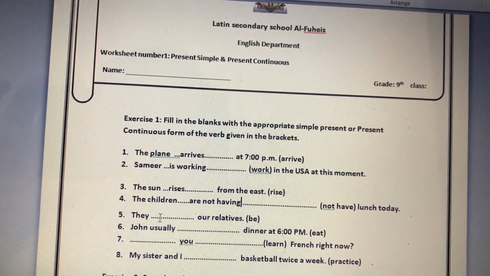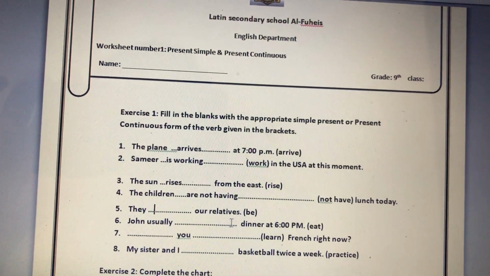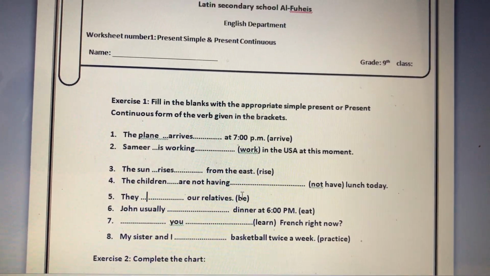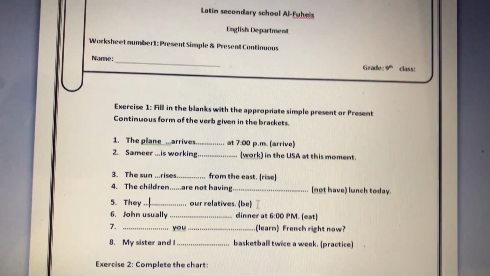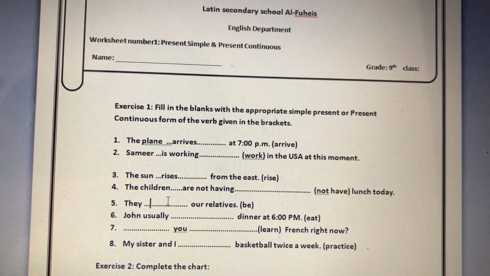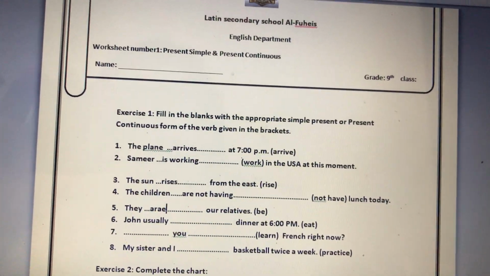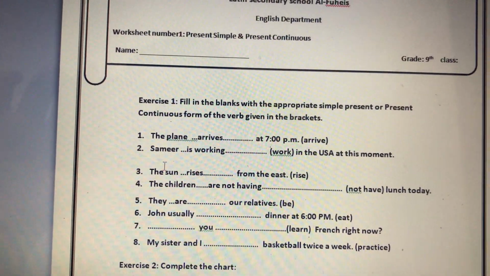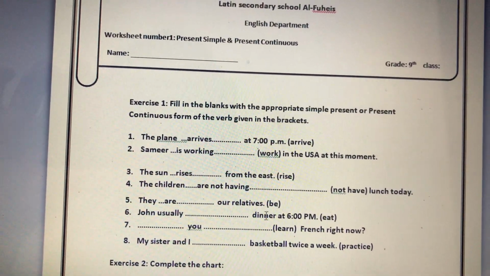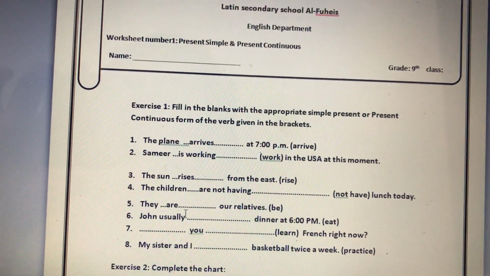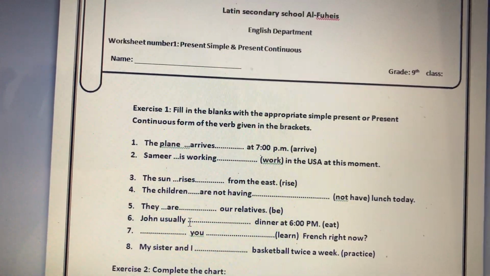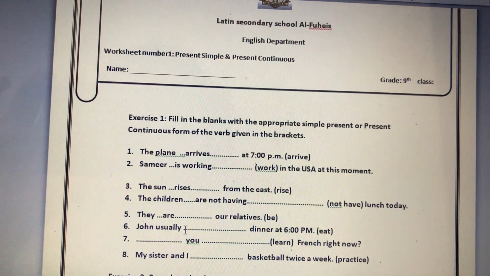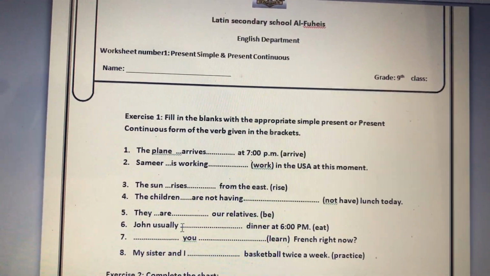Sentence number 5. They, our relatives, and we have the verb be. They, it takes are, our relatives. John usually dinner at 6 p.m. We have the keyword usually and it is one of the adverbs of frequency.